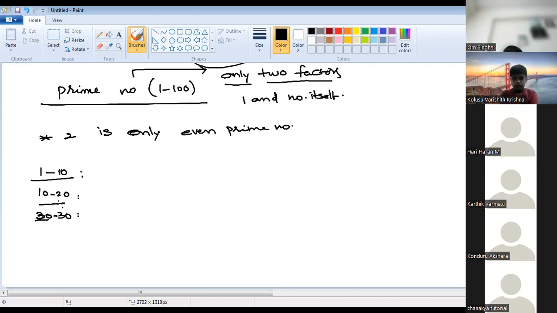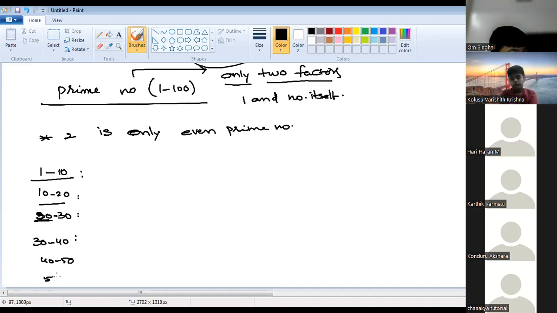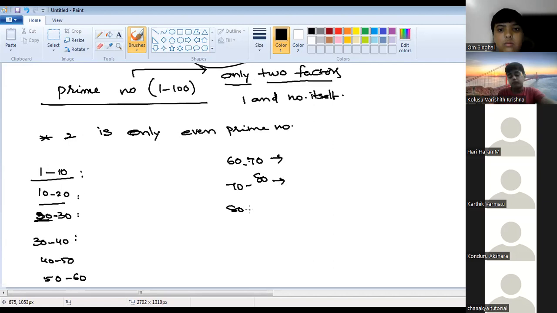20 to 30, 30 to 40, 40 to 50, 50 to 60, 60 to 70, 70 to 80, 80 to 90, and the last, 90 to 100.